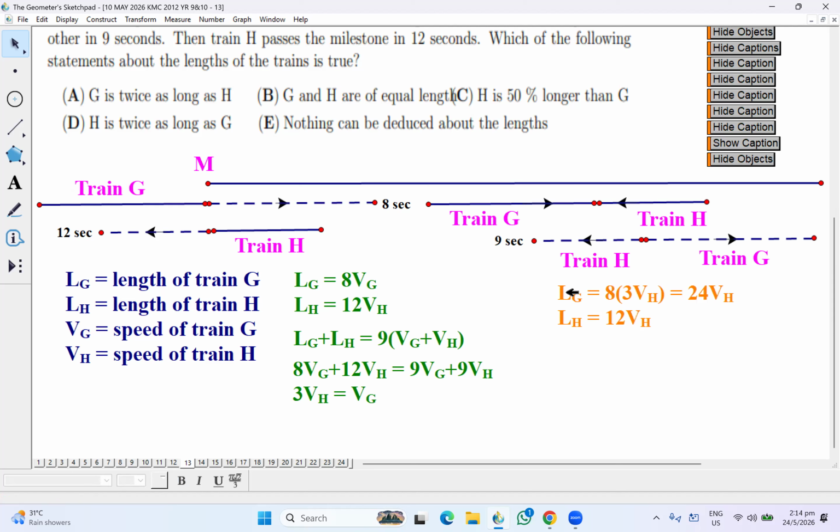LG is 8 times VG, so 8 times 3 VH is 24 VH. Then LH is 12 VH. So the length is double, LG is equal to 2 LH. So the answer is A. Train G is twice as long as H.